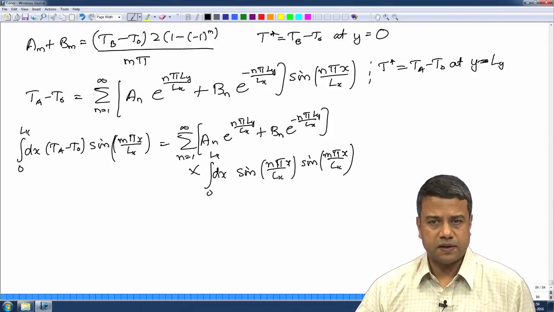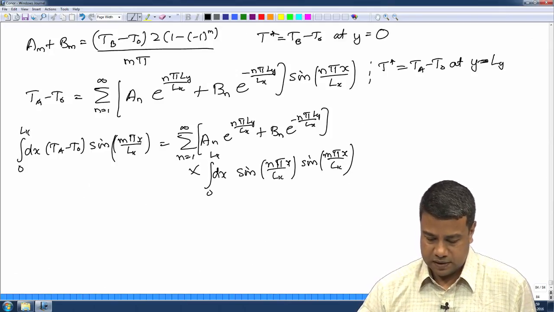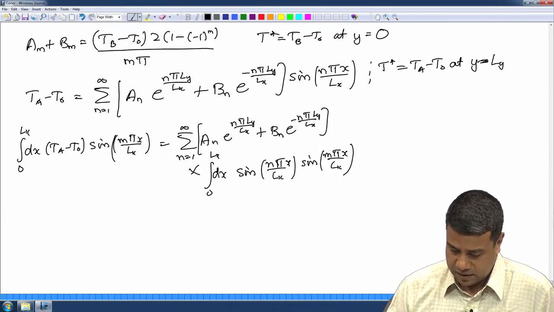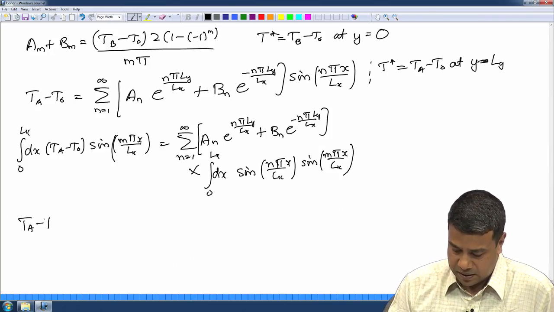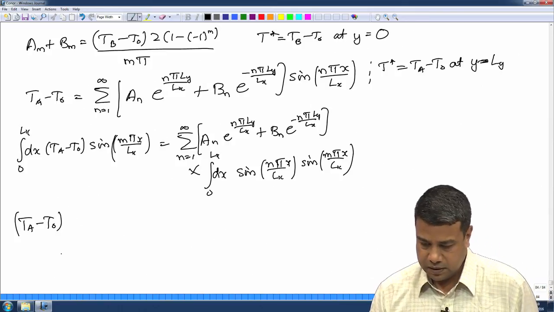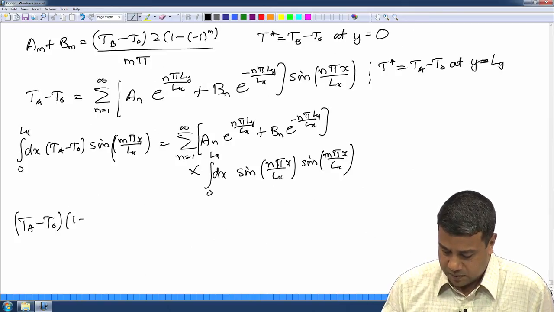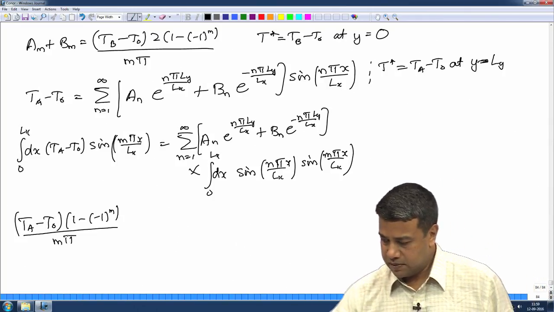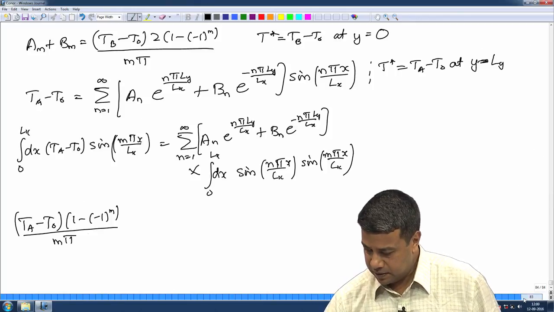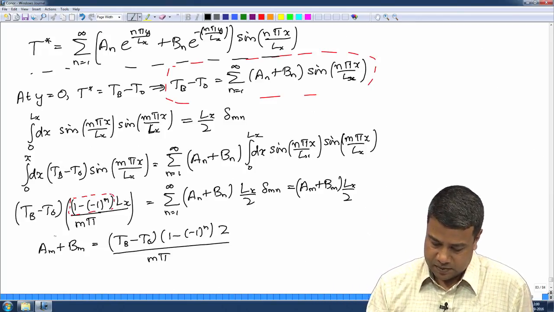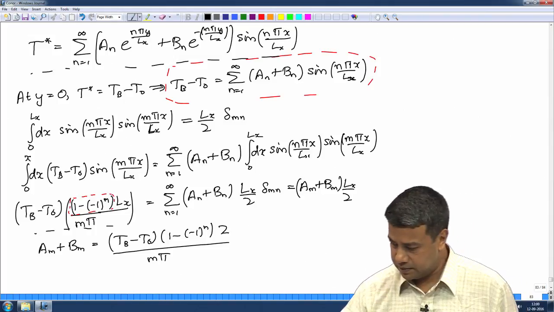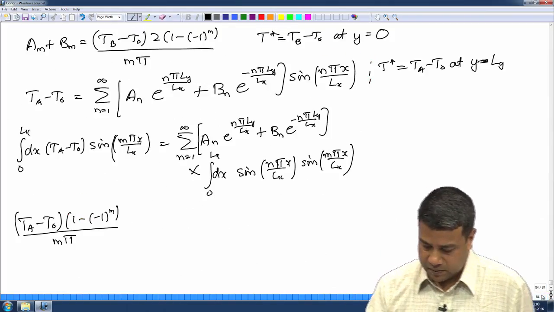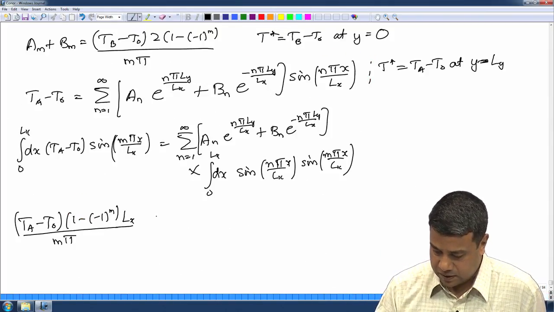and you can simplify this, and what you will end up with is on the left side, you will get TA minus T naught into 1 minus 1 power m, by m pi, similar to what we had got previously, and I should put a factor of Lx there when I do the integral.